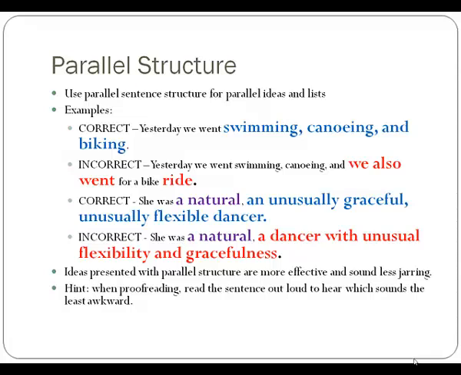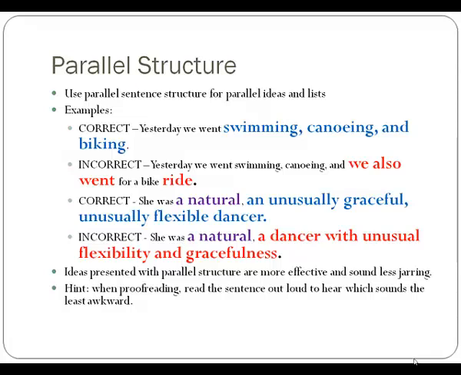So if you look at this and you think to yourself, I don't understand why one would be correct and one wouldn't be correct, the word natural sets it up. So then you have, a natural, an unusually graceful, comma, unusually flexible dancer.